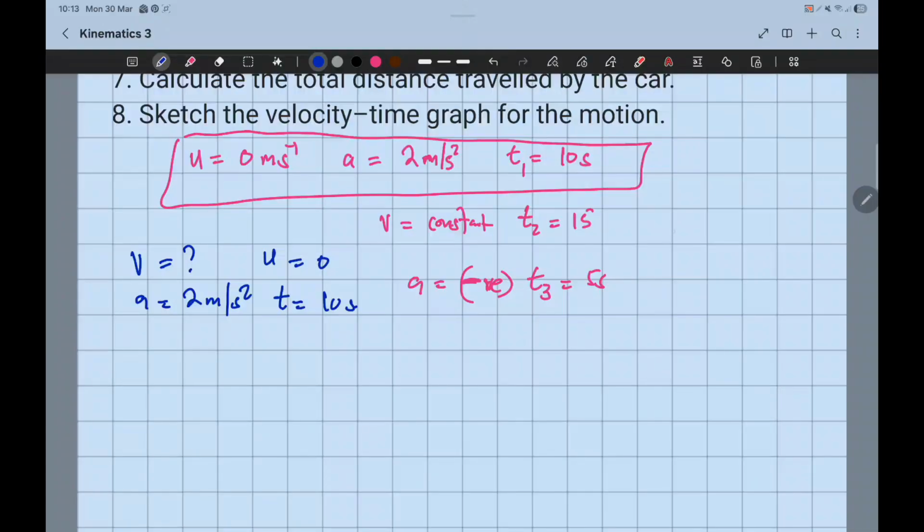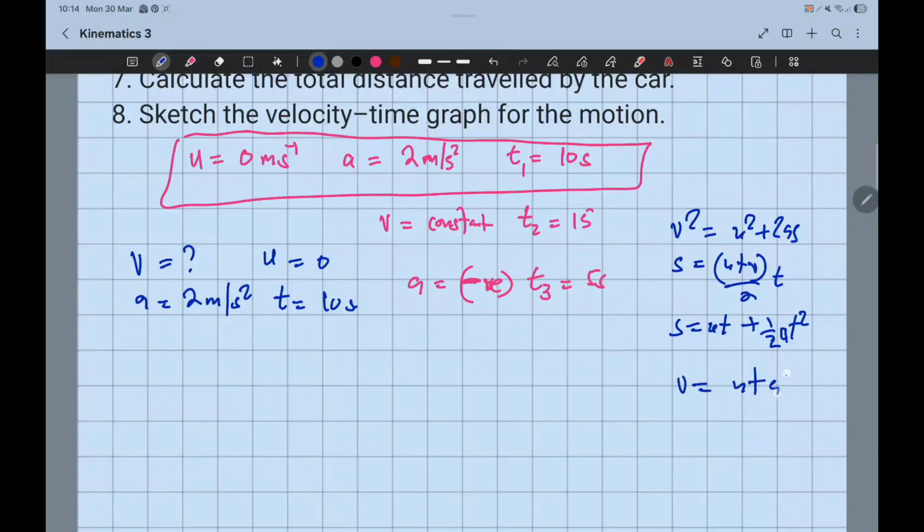You can use your equations of motion: v squared equals u squared plus 2as, s equals u plus v over 2 times t, s equals ut plus half at squared, and the other one, v equals u plus at.